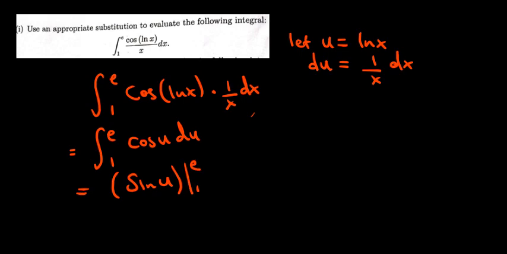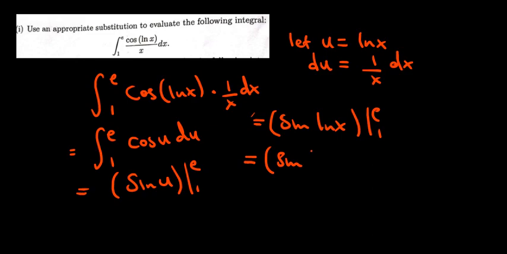At this stage, I can replace back my u, which is just ln of x. So this is going to be sine ln of x, from 1 to e. Then I can replace where there's x with those values, and I get sine ln of e minus sine ln of 1.